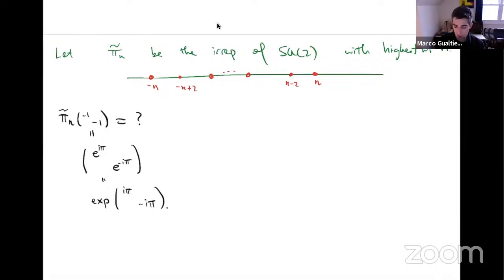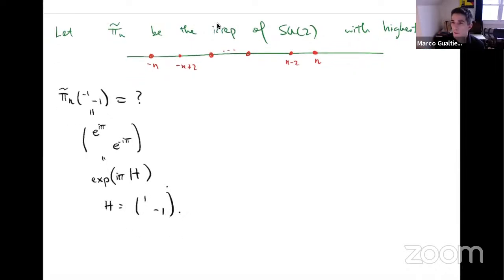In other words, this is e to the i pi h, because h was 1, minus 1. The reason why this is useful is because the way that we classified the representations uses H, E and F. So I'm writing the matrix exactly in the format that is useful for classification of representations. So what do we know about this representation?